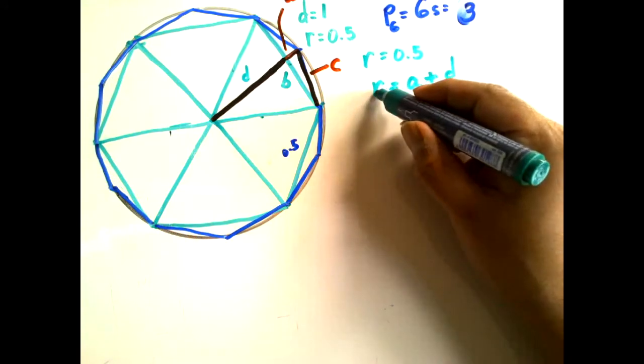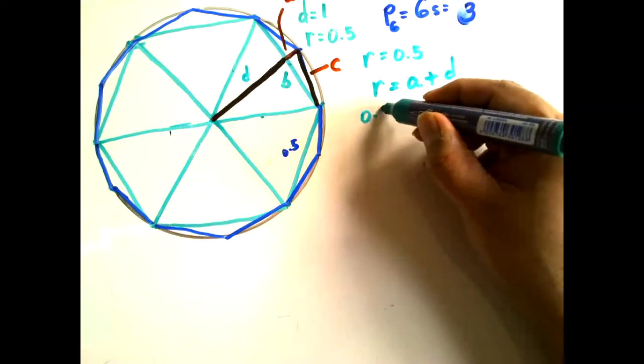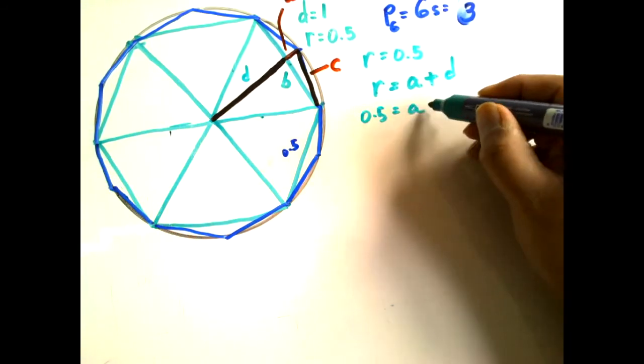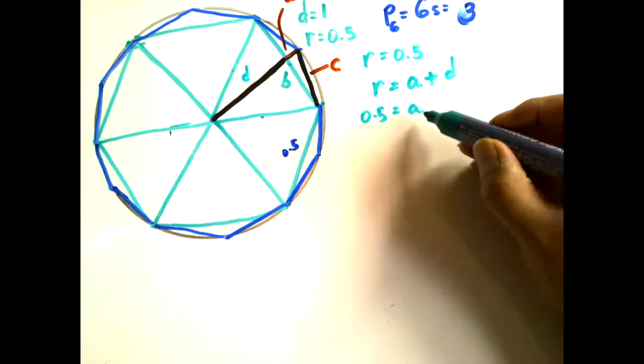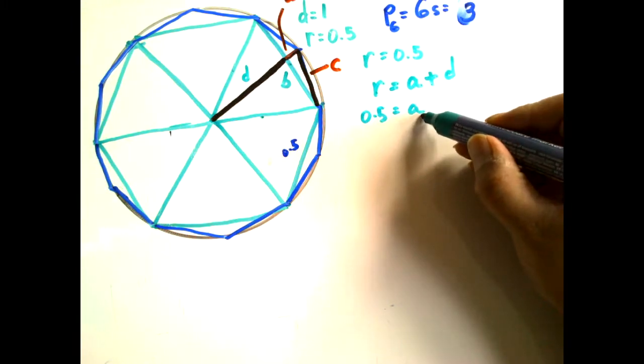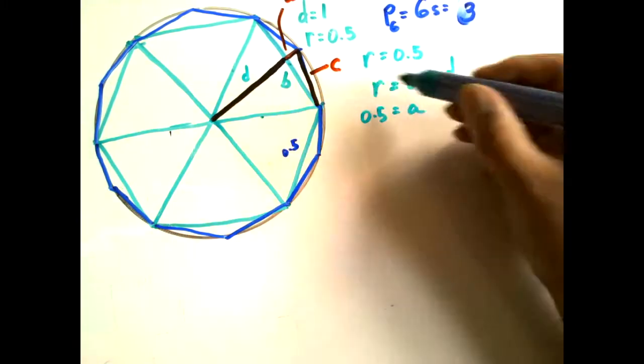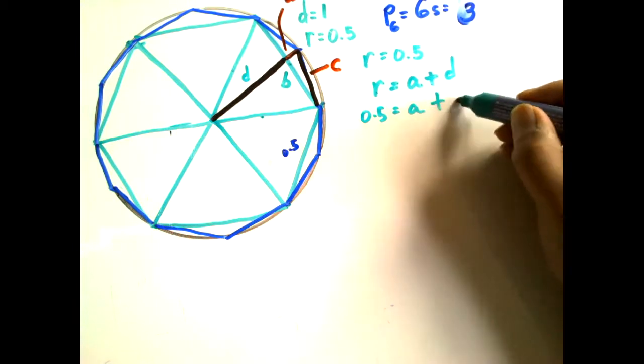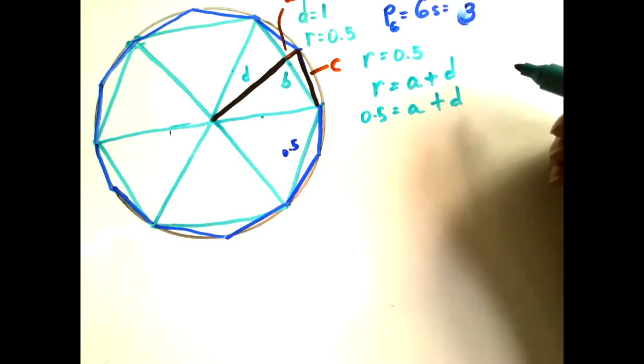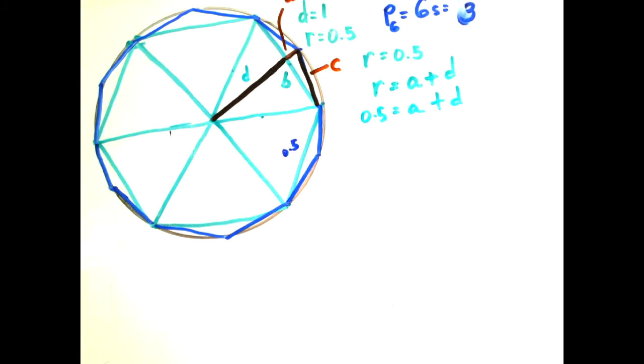So if the radius is 0.5 and A is, we don't know. We don't know what A is, and we don't know what D is. I thought it was really straightforward. So there are two things we need to solve.